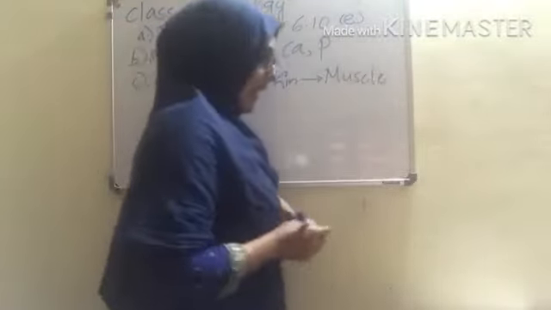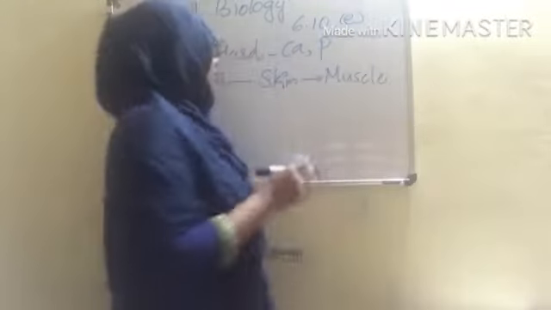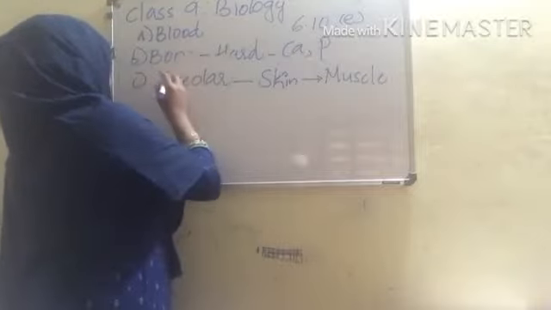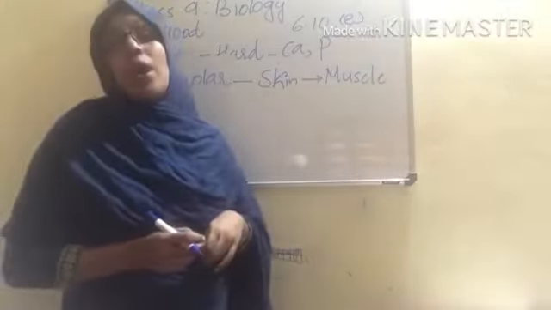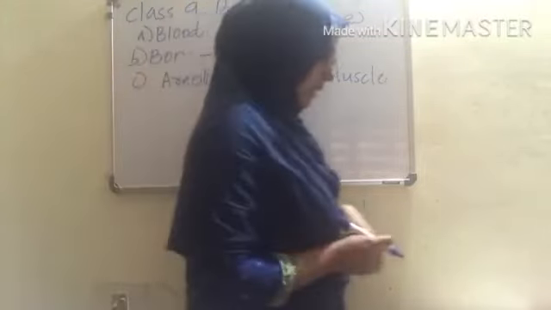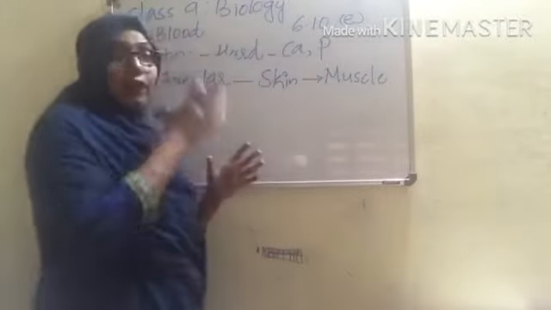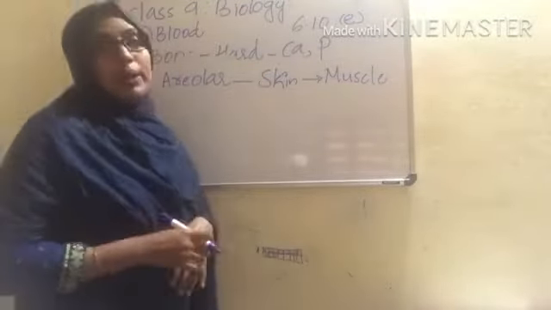Between skin and muscle, these areolar tissues are seen. These areolar connective tissues are seen between the skin and muscles and also around blood vessels. Okay, around blood vessels, and also they fill the space inside the internal organs.